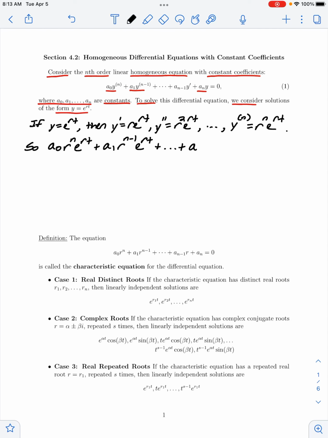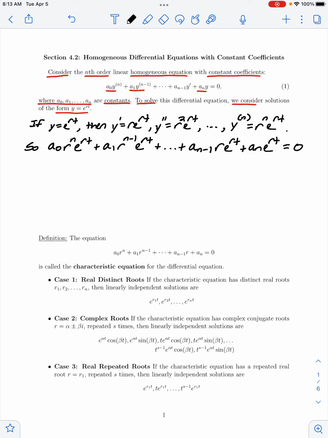And then we have a sub n minus 1 times the first derivative, which would be r e to the rt, plus an times y, which was e to the rt, and we need this to equal 0 to be a solution.